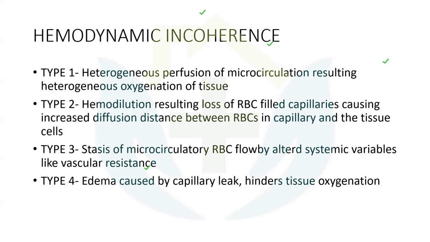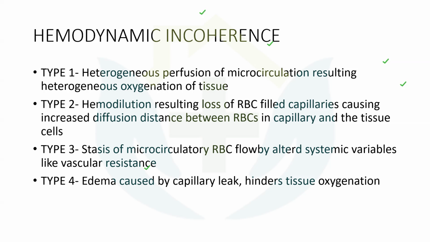So we can understand that actually the problem is at the microcirculatory level. But while resuscitating, we are looking at the macrocirculatory level to understand the condition of the microcirculation. But practically, what happens? The macro and microcirculation may not be on the same page. So there is an incoherence between micro and macro circulation, and that leads to hemodynamic incoherence.